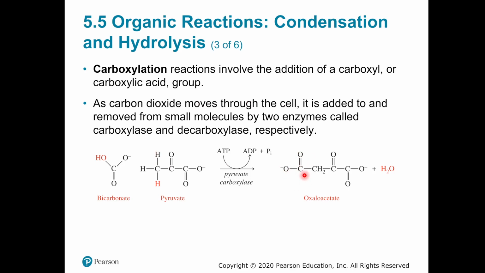Notice that carbon dioxide moving through your cells, in this case, we're going to add to the oxaloacetate here. This is typically done by a type of enzyme called carboxylase, and decarboxylases do the reverse. There are different forms of them depending on which one it reacts.